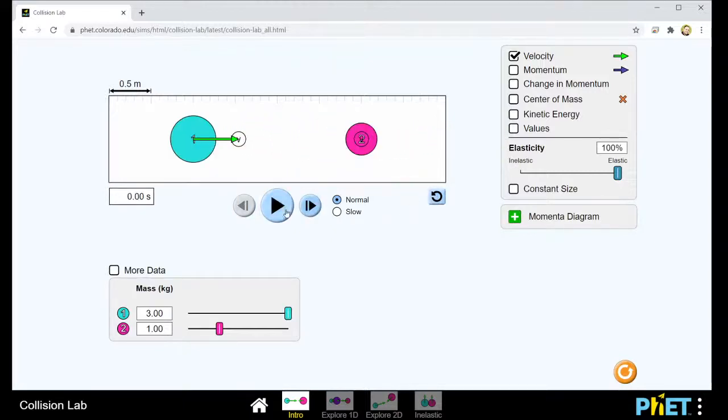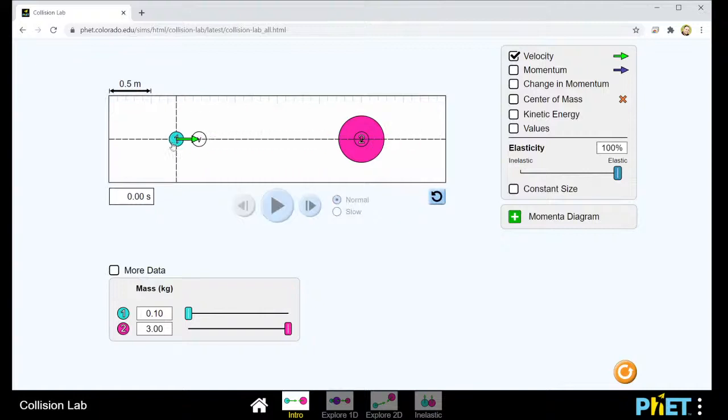So the blue ball comes in and it starts out with momentum and it doesn't come to rest. It's still moving. It still has momentum after the collision. But the pink ball goes from 0 momentum to some quantity and then it speeds off the screen. Okay. What if you make the difference in mass huge between the 2 objects?